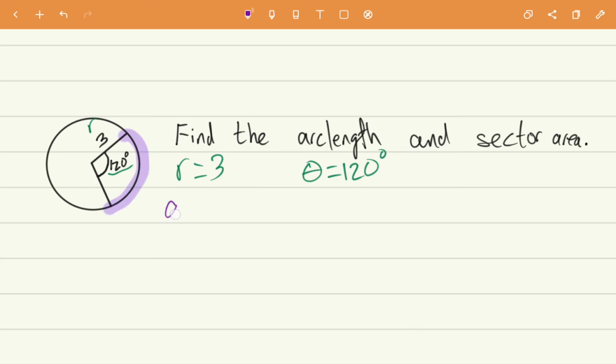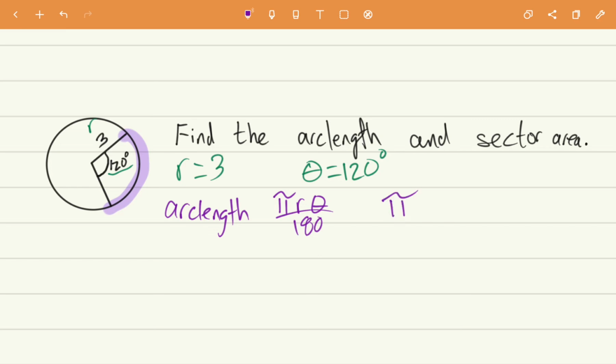So let's do our first one, arc length, which is this right here. Arc length is pi r theta over 180, or 2 pi r theta over 360. So I'm going to plug in our variables.